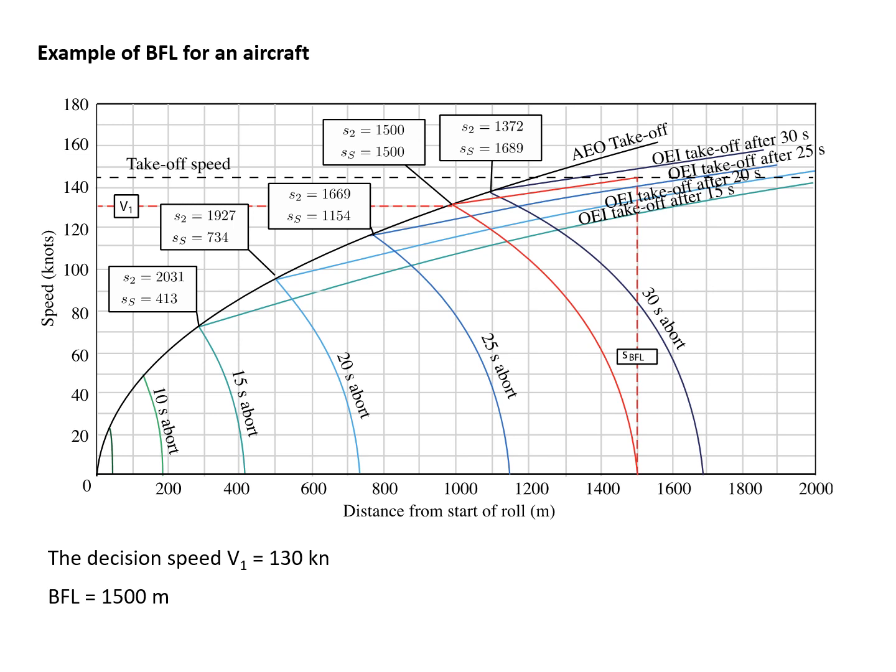But what happens with one engine inoperative, which is OEI? If we pay attention to the red curve, that indicates the balanced field length. In that case, the balanced field length is 150 meters, and the decision speed V1 is 130 knots. If the aircraft has a higher speed than the decision speed, the takeoff should not be aborted, it should continue.